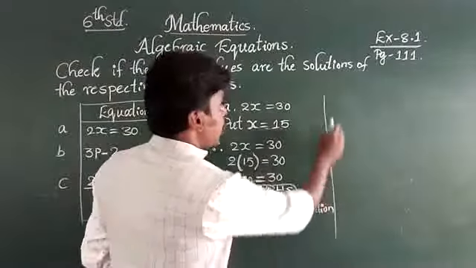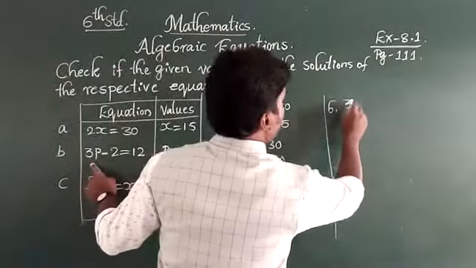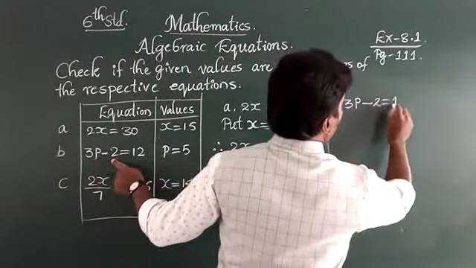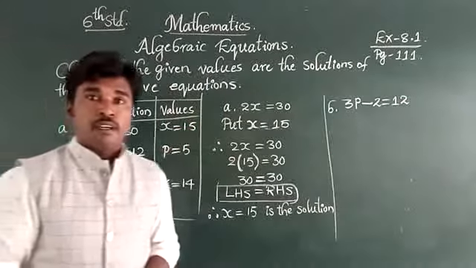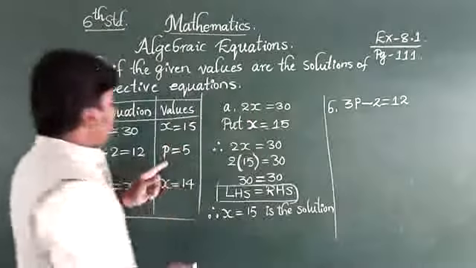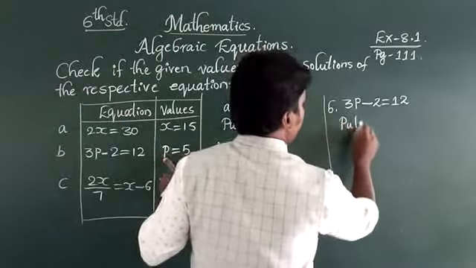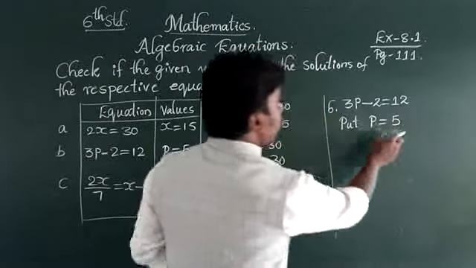Now you come to the second one. It is b. 3p minus 2 is equal to 12. 3p minus 2 is equal to 12. Dear students, here what is the value of p given? P value is 5.